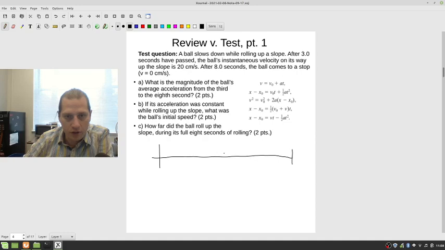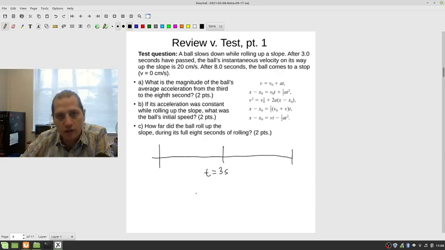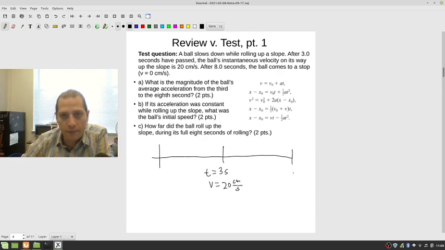After 3 seconds, there's the time, the ball's velocity is 20 centimeters per second. After 8 seconds, the ball comes to a stop. So your ball starts out fast, it gets slower and slower, and stops.